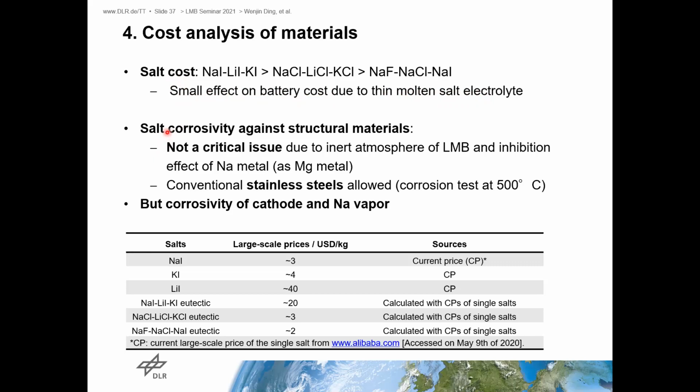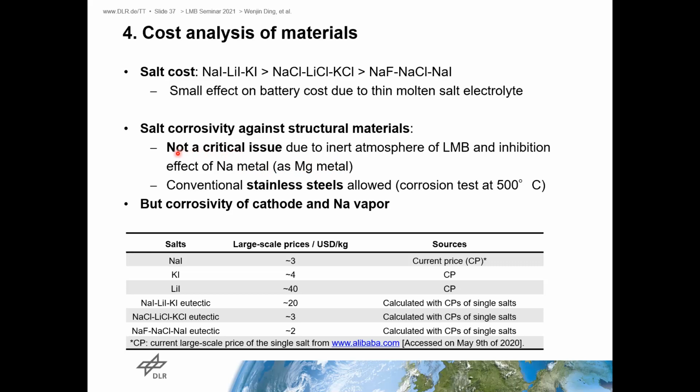And we have also considered the salt corrosivity against the structural materials, the metals or alloys. We find that when sodium metal has contact with the salt, it has a similar function to magnesium metal. It can reduce the redox potential of the salt, and reduce the corrosivity of the salt.